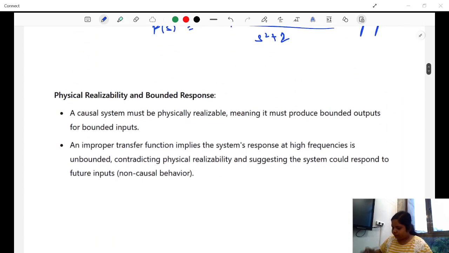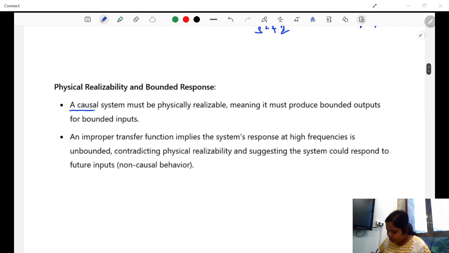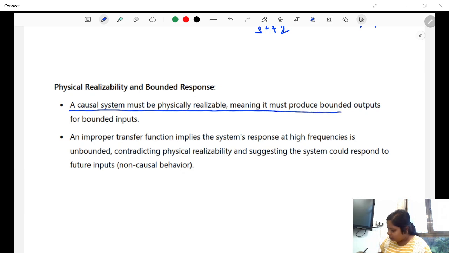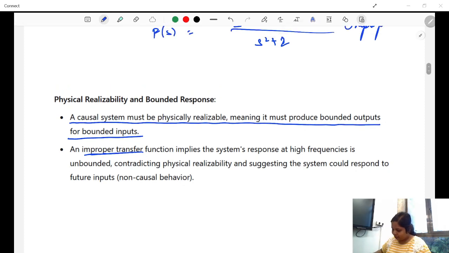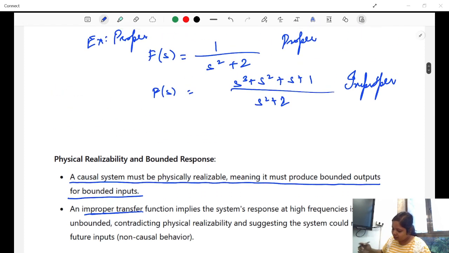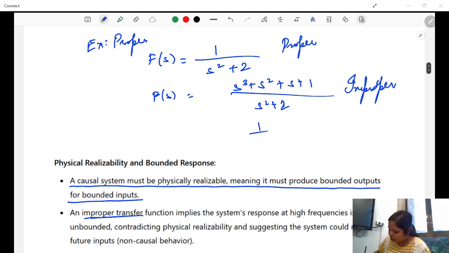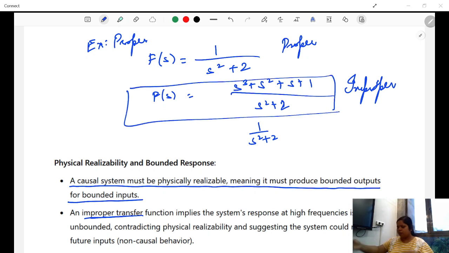A causal system must be physically realizable, meaning it must produce bounded outputs for bounded inputs. So what happens with improper transfer functions actually? When you're going for high frequencies, what does high frequency mean? Let's take this function only. F(s) is equal to something of third power in the numerator and second power in the denominator.